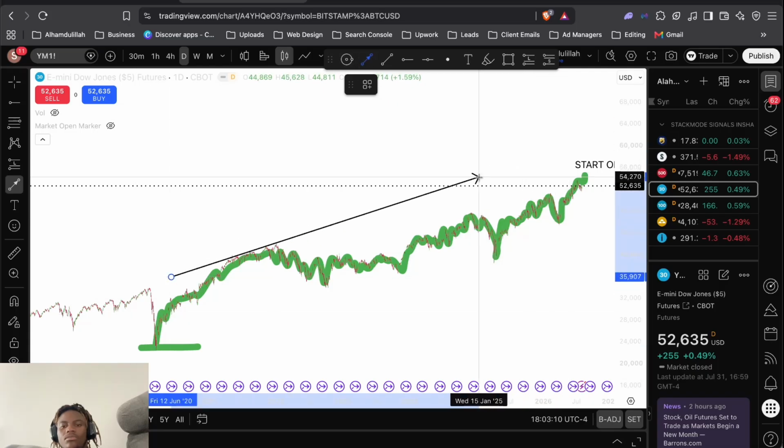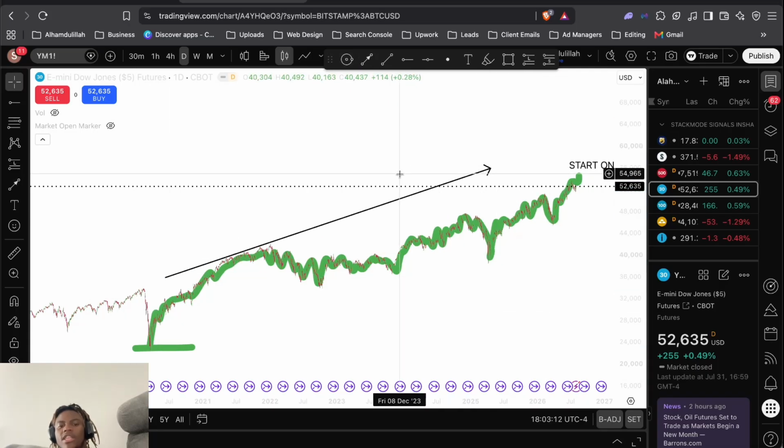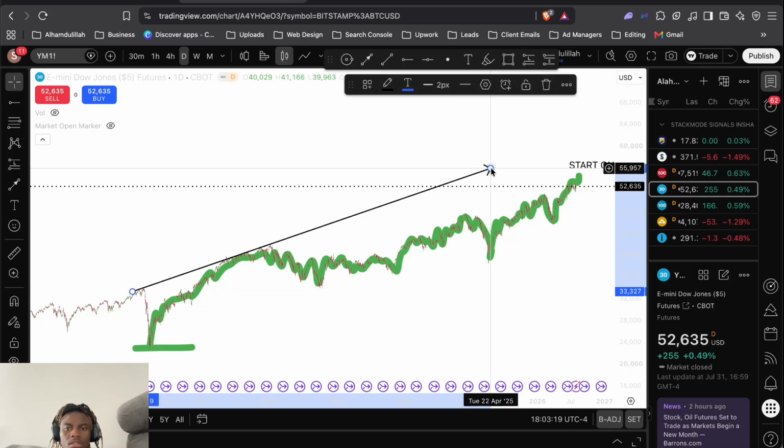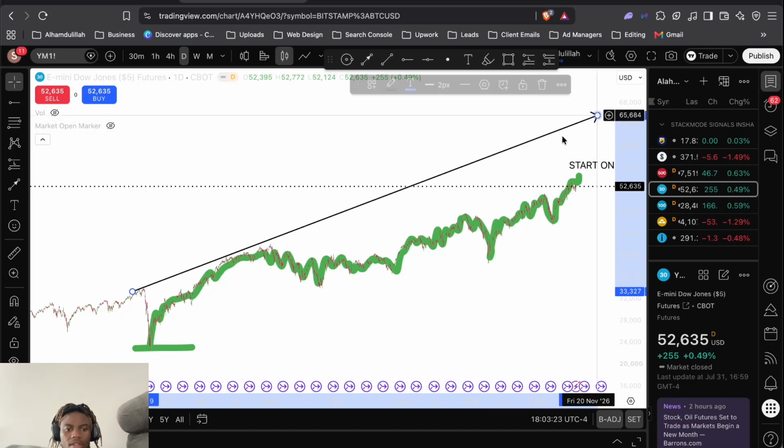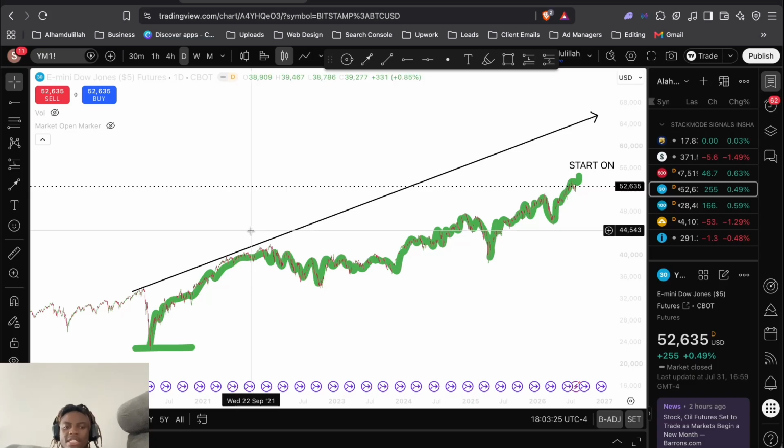Over the years, price has been doing nothing but going in a consistent upwards direction. Boom, price just keeps going in a consistent upwards direction.